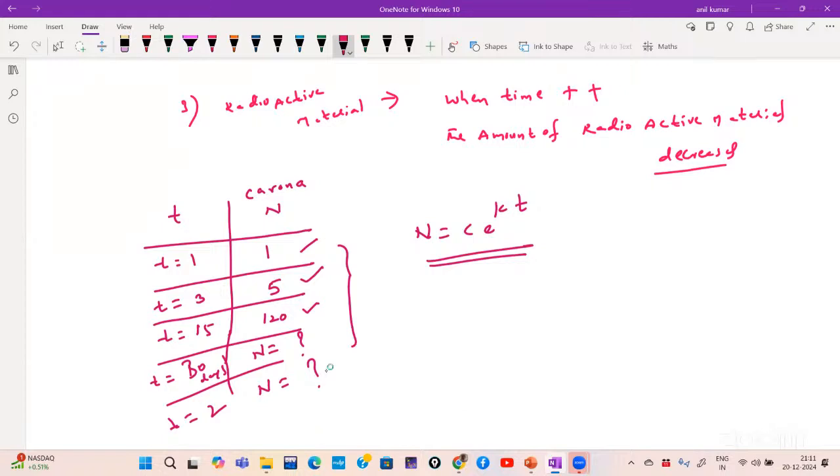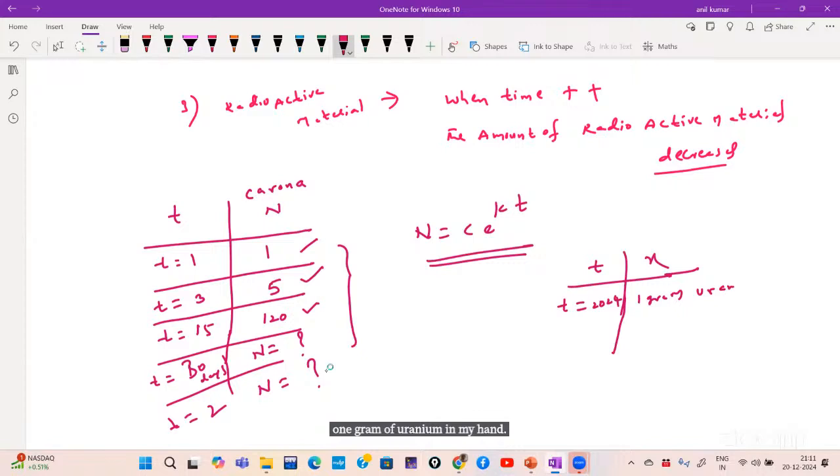Okay, and let us assume that at present I have 1 gram of uranium in my hand. I have 1 gram of uranium in 2024.